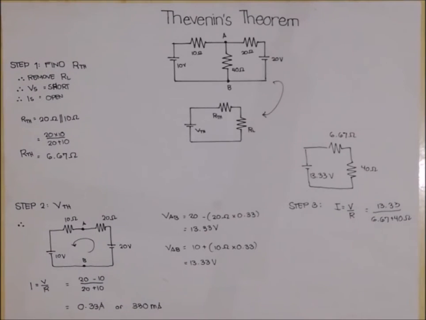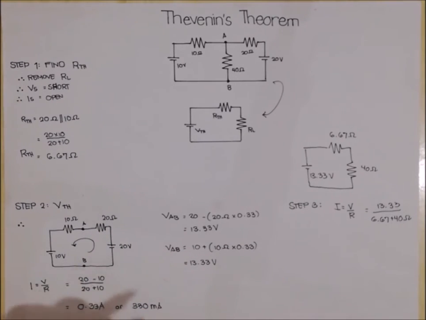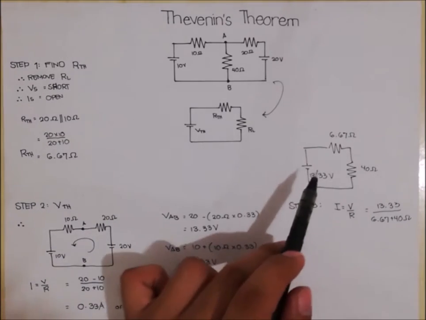So the required parameters of our Thevenin equivalent circuit are now met, with our Thevenin equivalent voltage, or our VTH, to be 13.33 volts, and our Thevenin equivalent resistance, which is 6.67 ohms.